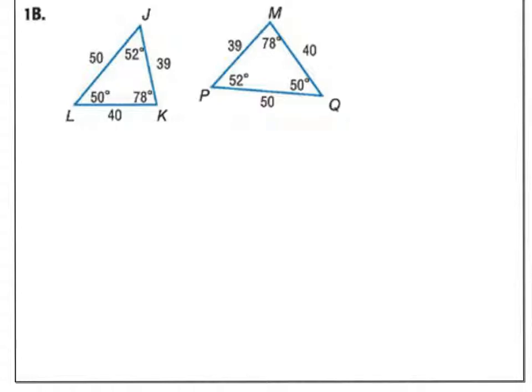One more, so this is 1B, and I'll just do a couple different ones because these don't have marks on here. So I'll start with just an angle. So angle L is congruent to angle, oh, where's the other 51? Here it is, Q. And I would likewise continue those.